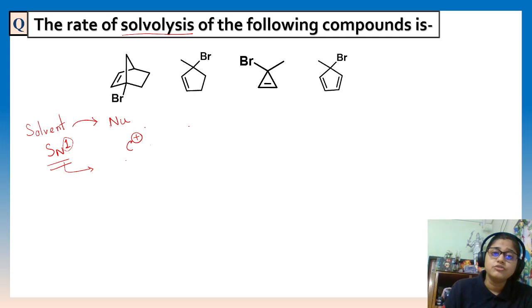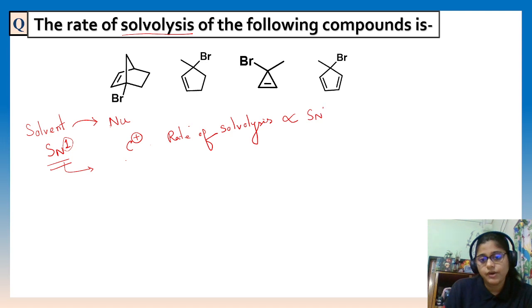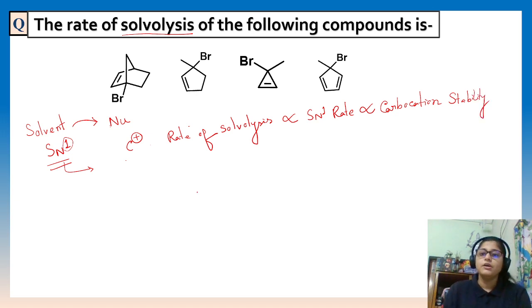The rate of solvolysis, the SN1 rate, is proportional to carbocation stability. When the carbocation is stable enough, the reaction will be faster.